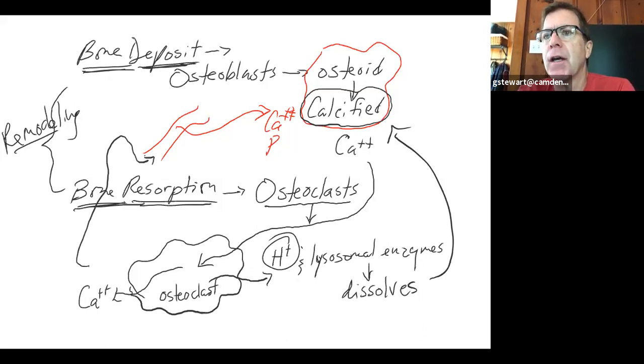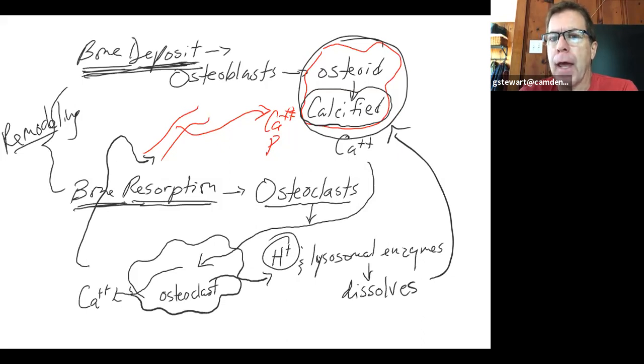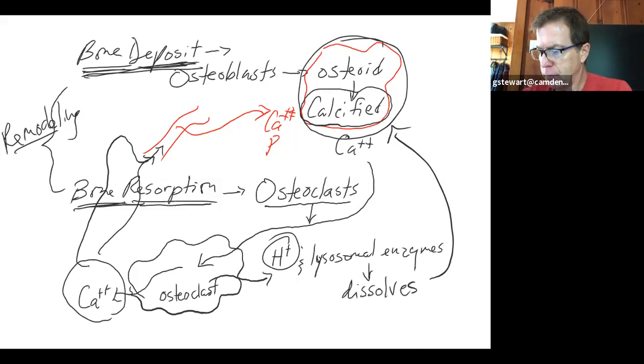So it's a cycle of creating new bone, that's bone deposit, and dissolving bone and releasing calcium ions back into the blood where they originally came from. That's how we regulate blood levels of calcium, as well as making new bone and breaking down bone. So I did want to go through that process one more time with you.